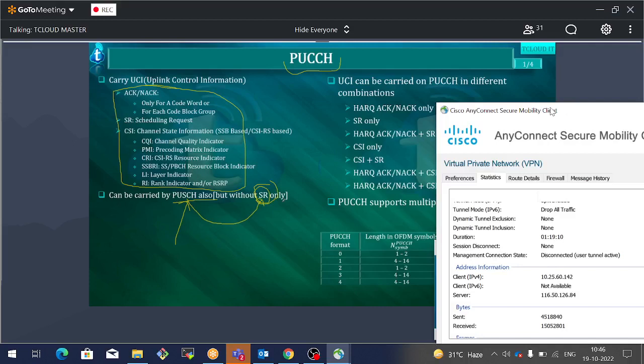Now, depending on how much data you are sending in different conditions, a corresponding PUCCH format would be decided, which is present in the table listed here. You can see each format supporting how many bits for PUCCH, how many symbols it can transmit and how many bits it can carry. So the number of bits and number of symbols are the same.